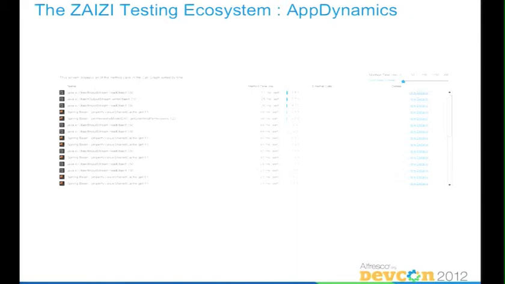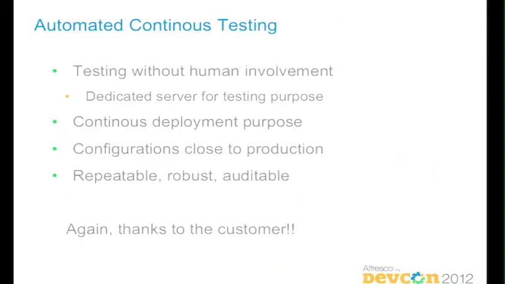All the technologies that I've explained before, we have not only merged in an ecosystem, but we have also created an algorithm for automatic continuous testing. So we can run all that we have been saying without human involvement. We have a dedicated server for testing purposes, thanks to the customer.